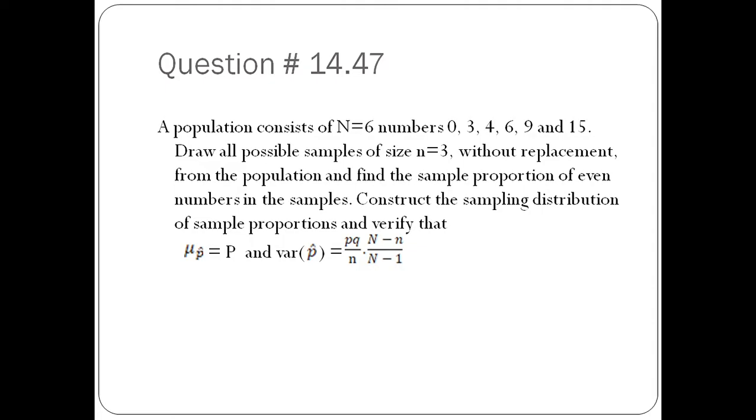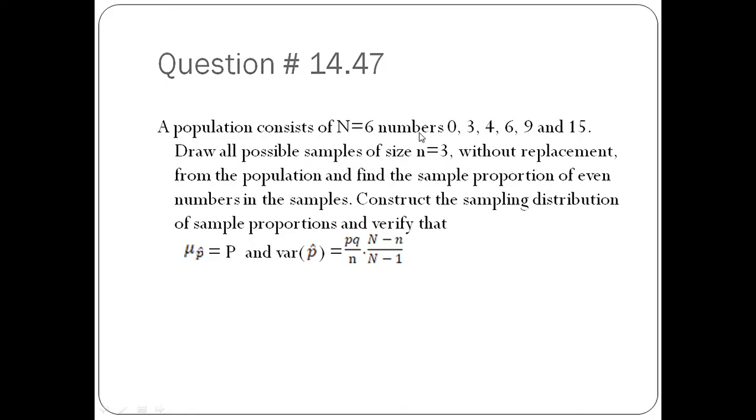Okay, this question will make you more clear. Population consists of capital N equal to 6, which is population size, numbers 0, 3, 4, 6, 9, and 15. Draw all possible samples of size 3.